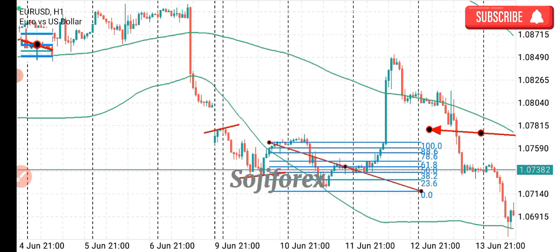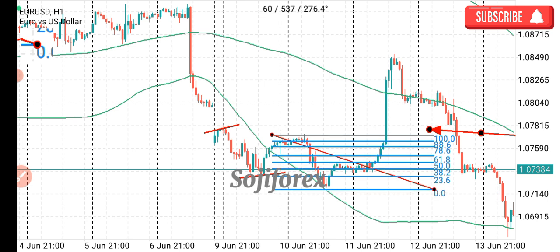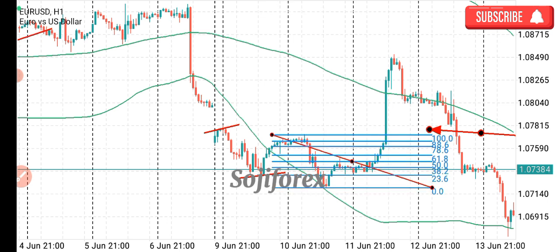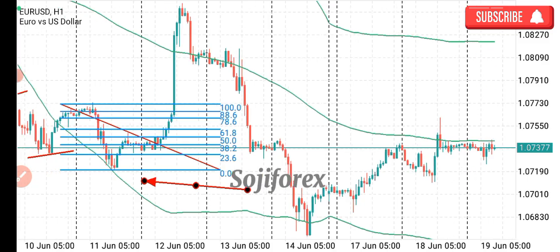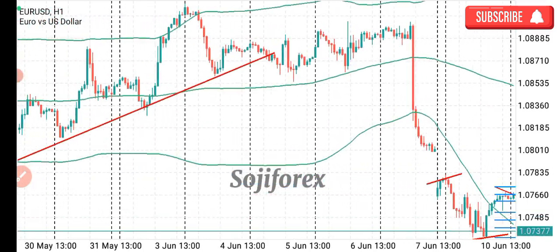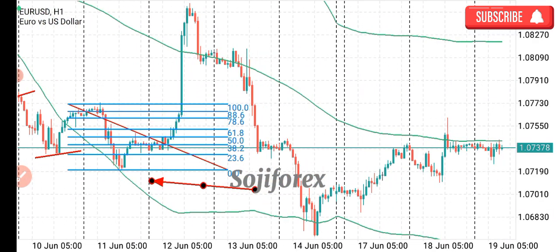Okay, here is the next one, this one and this one. Okay, so in this case it pulled back to 50 here before dropping. So this is how to identify a typical retracement of a market.